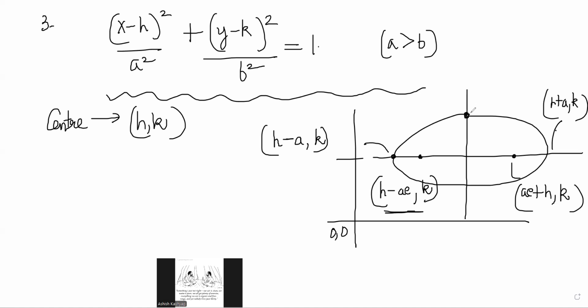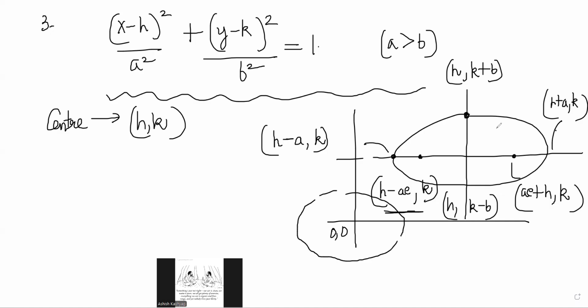The ends of the minor axis would be h, the x coordinate, that is the same, and it is k plus b, and this is h comma k minus b. You don't have to remember anything here. You just have to apply your common sense. Everything has been shifted from the central position and brought here.